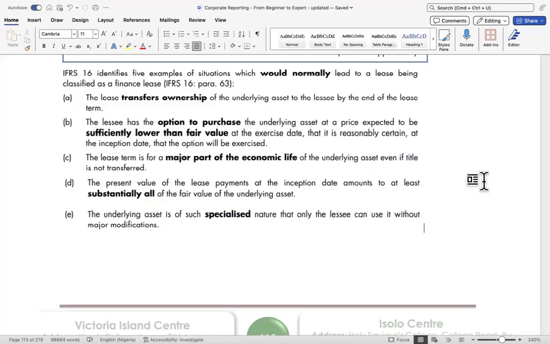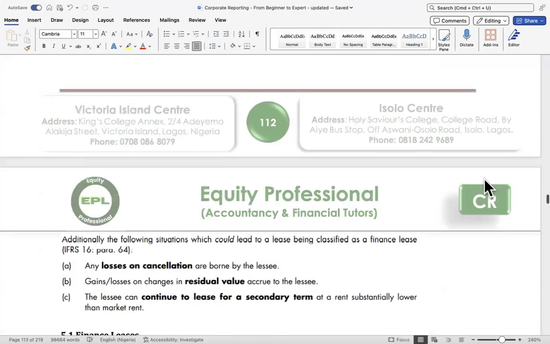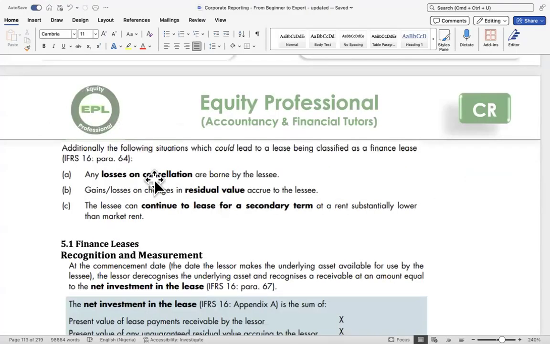All this shows that the asset is not coming back to the lessor. And that is why a finance lease is where the lessor has transferred the substantial risk and reward incidental to ownership of the asset.